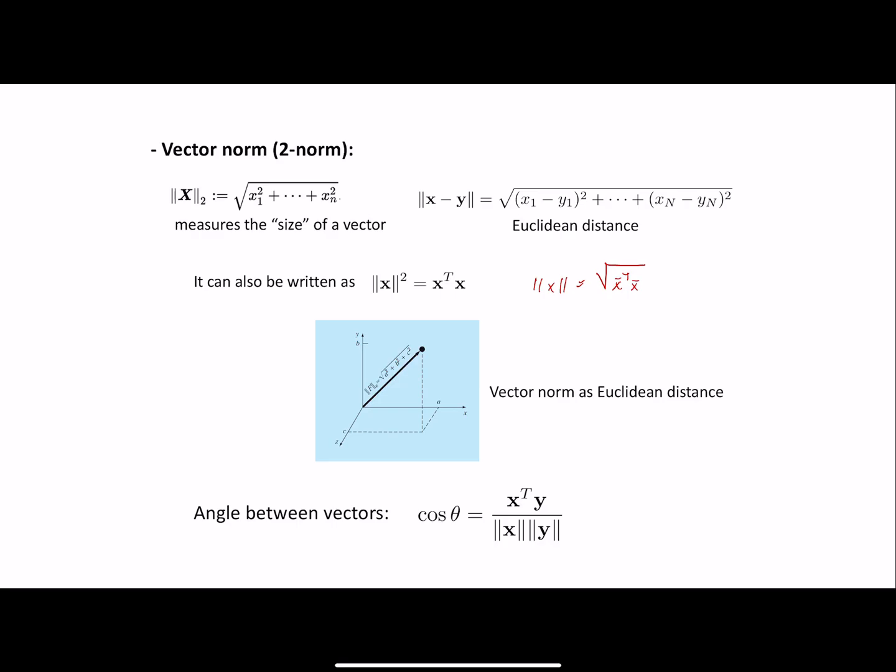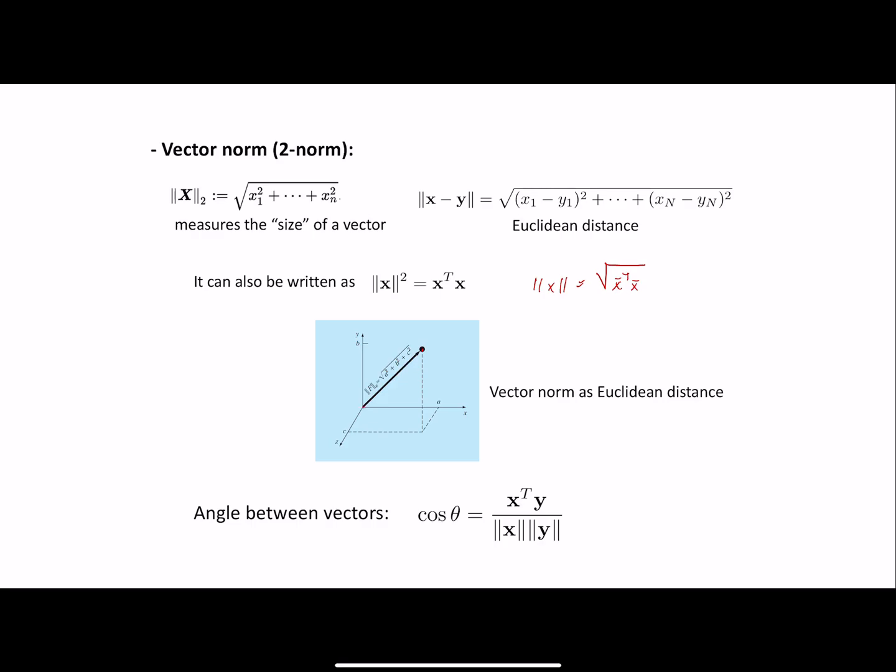So for example, if we take two vectors x and y, subtract them, and take the norm of the subtraction, we are essentially computing the distance between the point x and the point y, or the point where the arrow is located. If we just take the norm of this vector, then we're computing the distance between the endpoint and the origin.